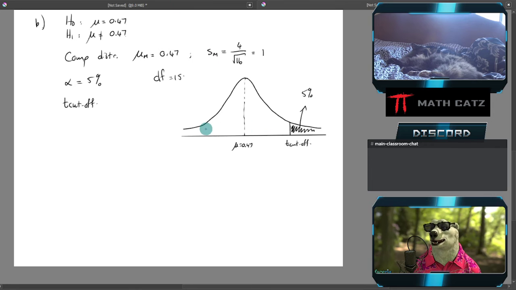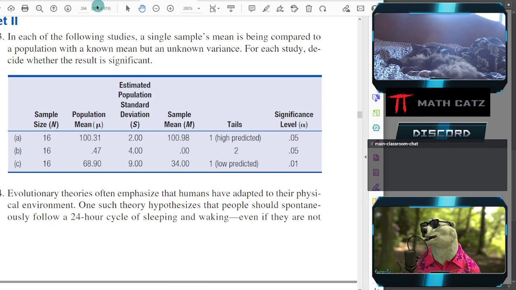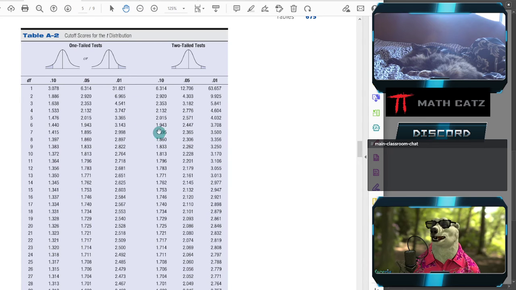Two-tailed test means in total, this is the positive and the negative cutoff, I can make a mistake on either side. So the 5% has to be split up into 2.5% on either side. But it's just a rough drawing, so I'm not going to adjust my line, but it does move further out. So the table here is actually much simpler because they had to summarize it even further. I'm looking at the 15 row.